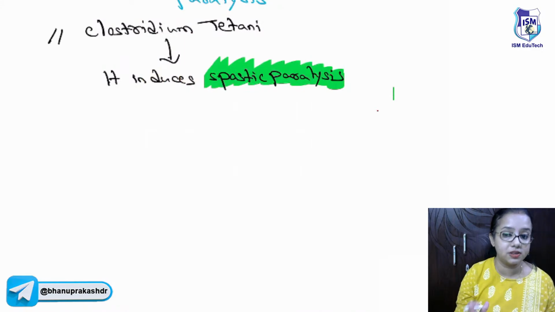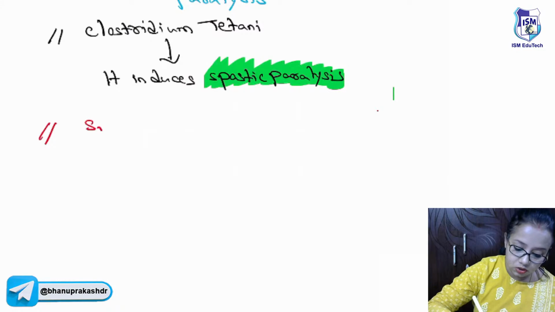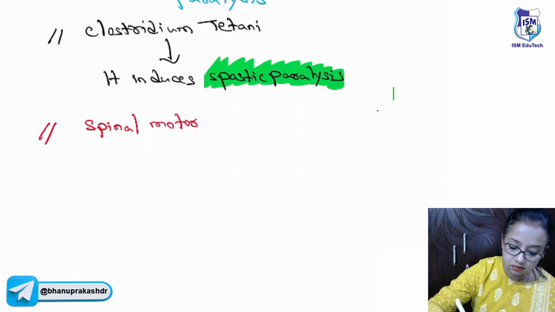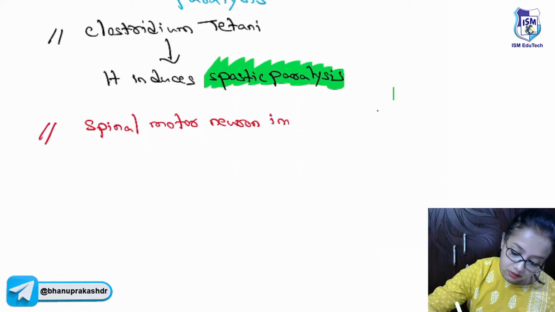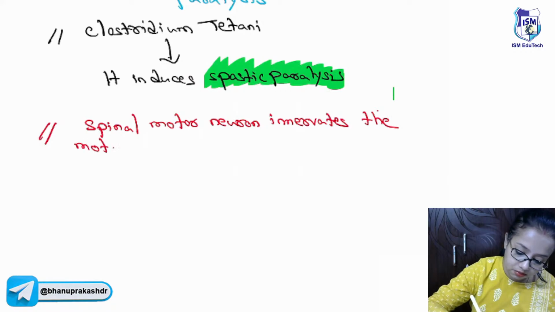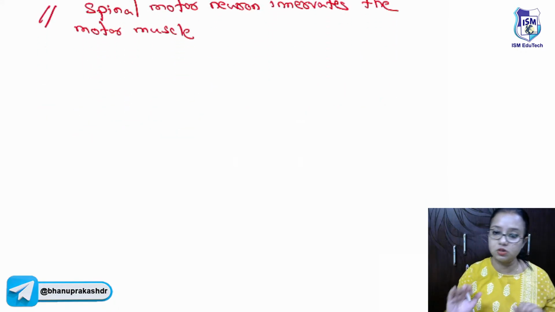Just before going into spastic paralysis, one thing: our spinal motor neuron innervates the motor muscles, that is basically the muscles of the limbs and all. Okay, that is involved in the motor function.